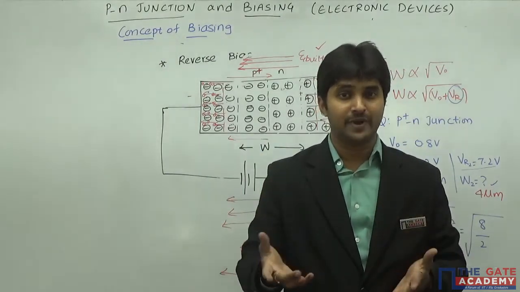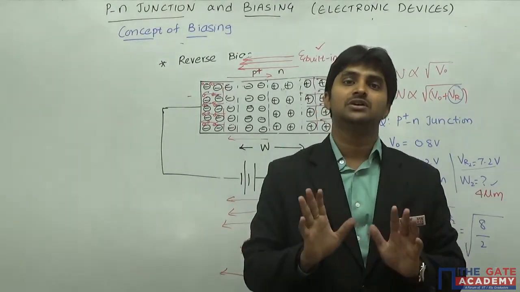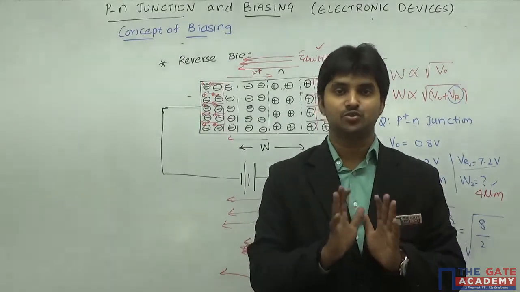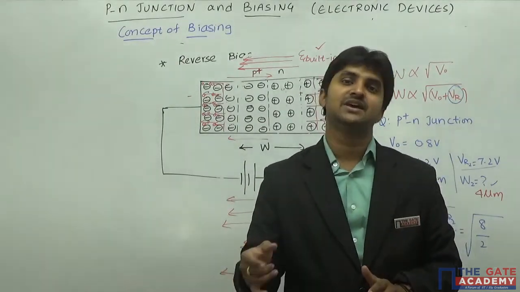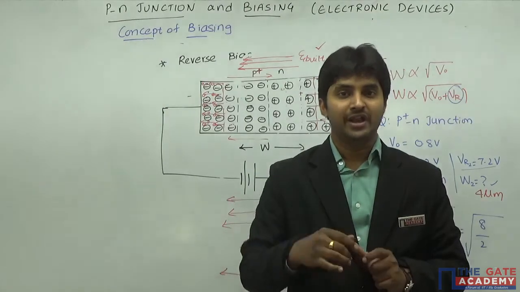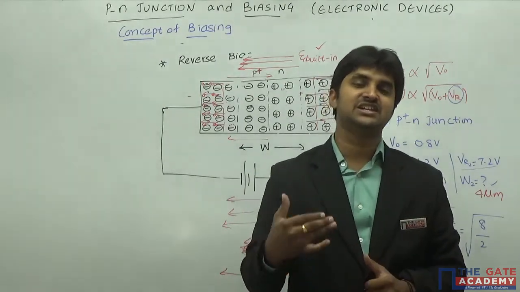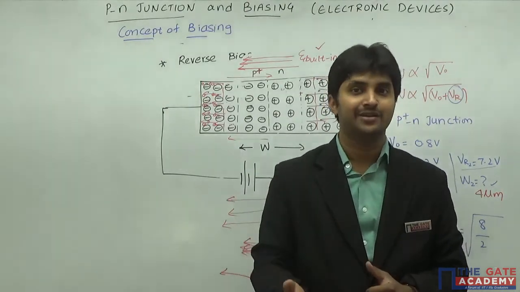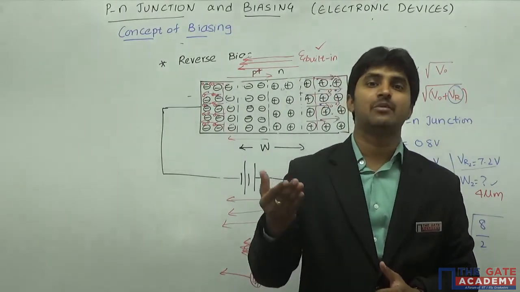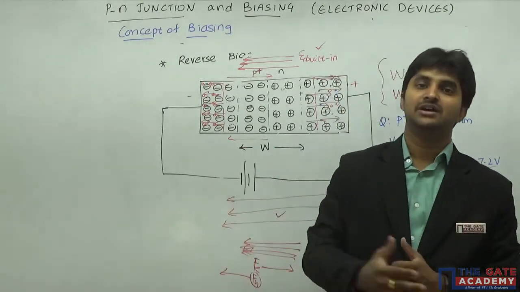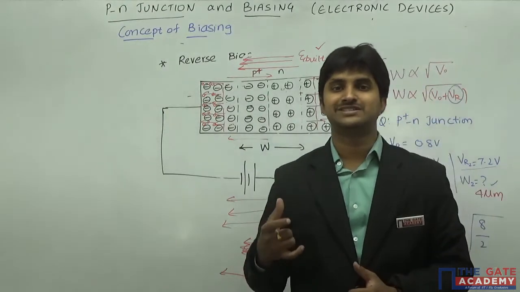Whenever you have a forward bias, it is nothing but switching on, and you want the current to flow. That is okay. But in the case of a reverse bias, it is not going to. Of course, in the ideal case, it is not going to have any current. That is what we desire. But practically, there will be some amount of current. That is nothing but the reverse current, or what we call a leakage current.